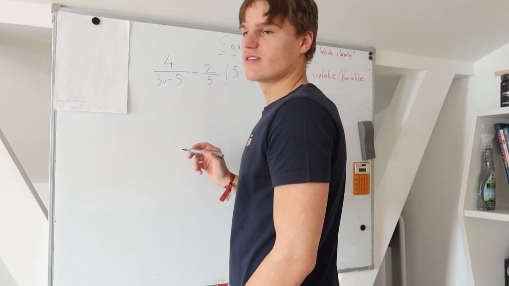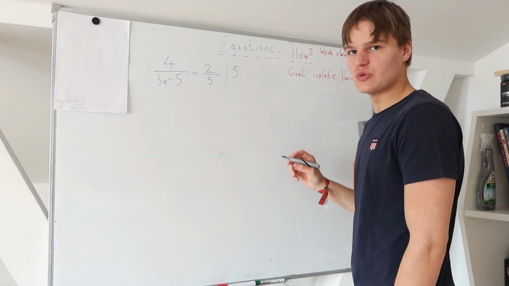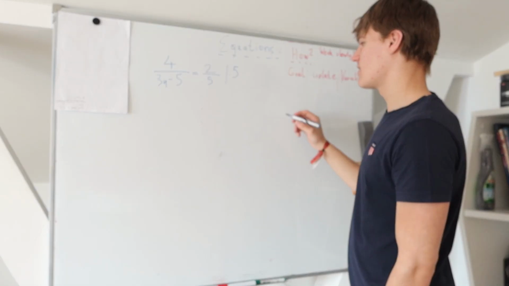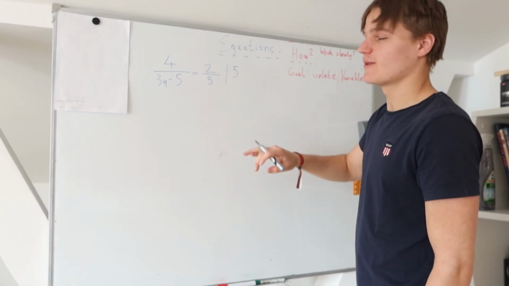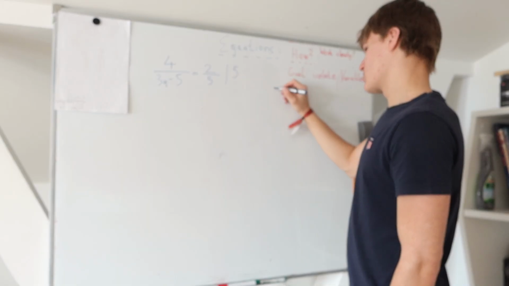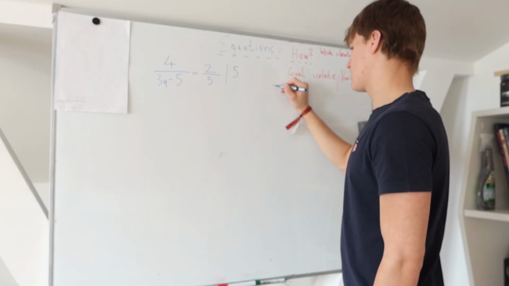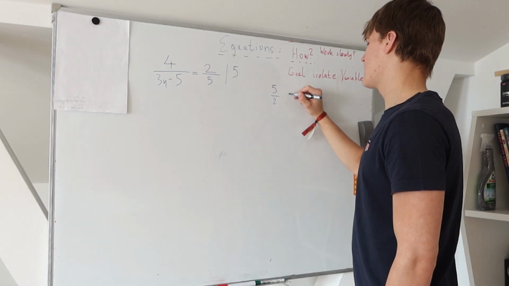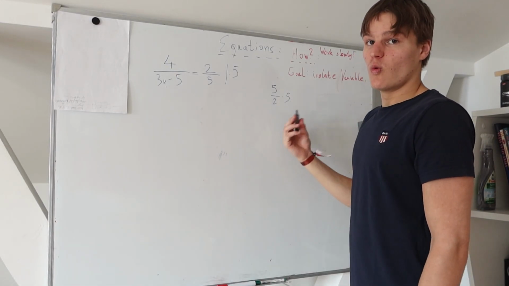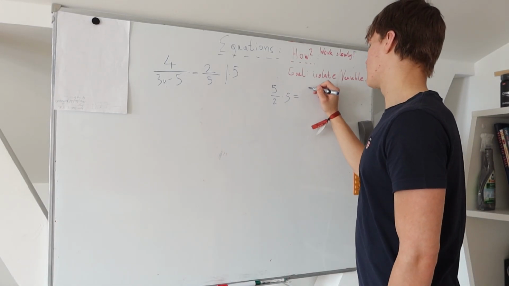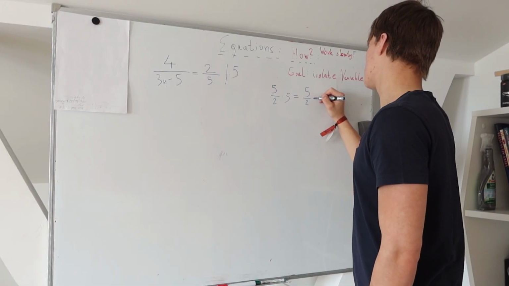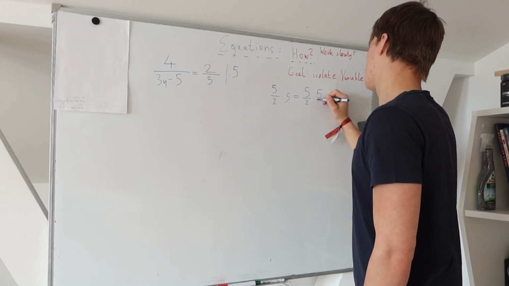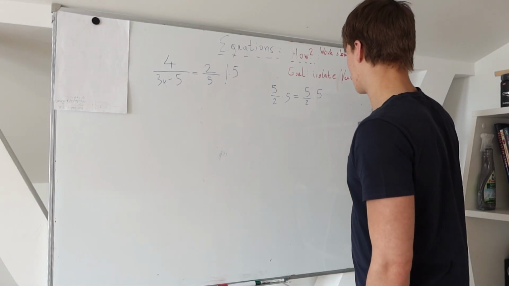Now remember, times 5. What are the rules for multiplication in the fractional form? In this example, I'm just going to write it down slowly here. 5 over 2 times 5. What is that equal to? 5 over 2 times 5. Sorry about that.